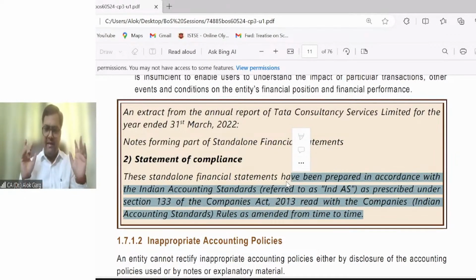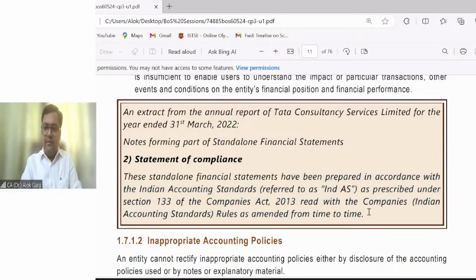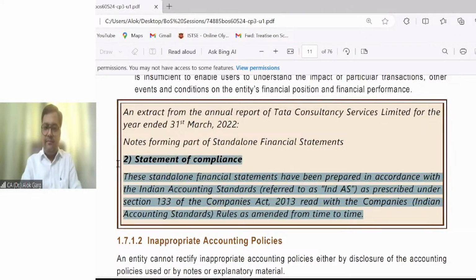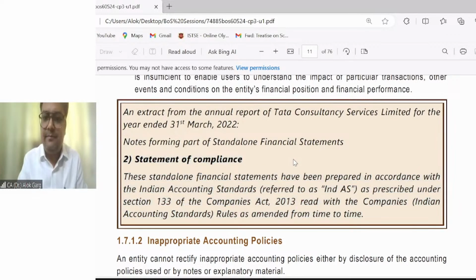They have simply written that these financial statements have been prepared in accordance with all the requirements of Indian accounting standards as given under Section 133 of the Companies Act 2013. Am I right, friends? Very clear requirement. Is that clear?